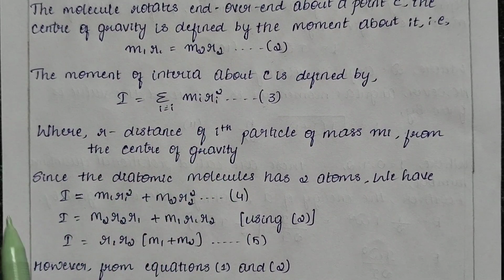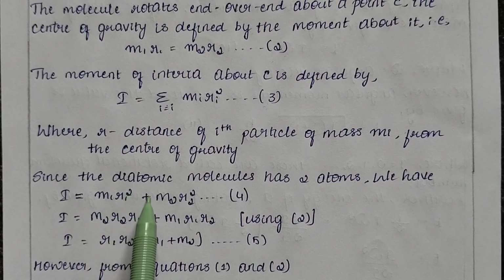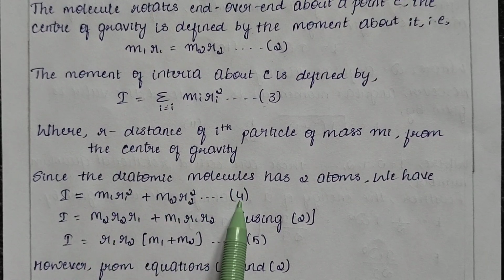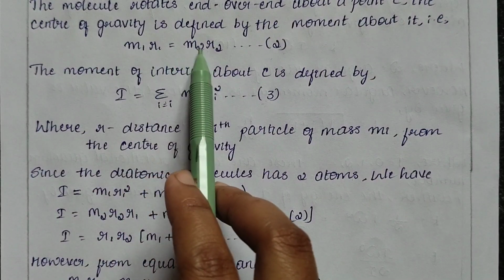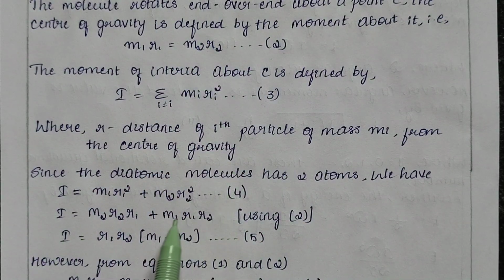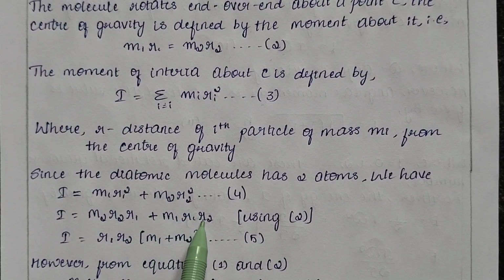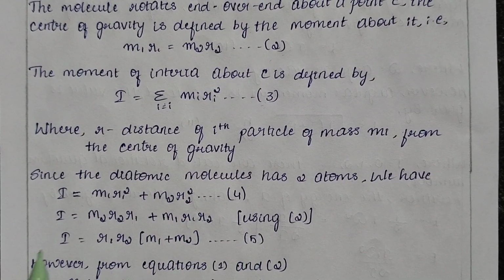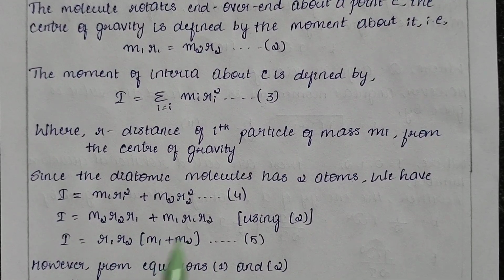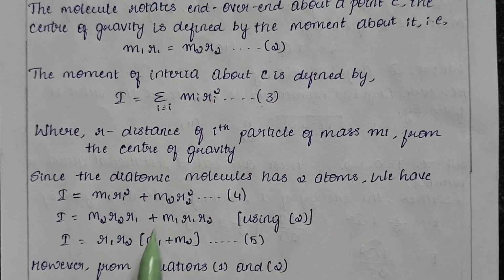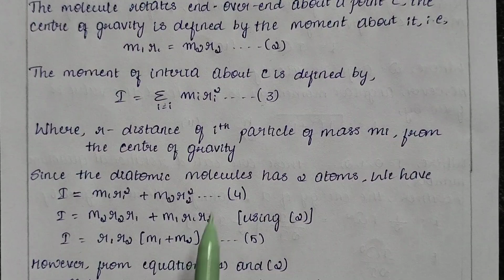we can write I is equal to m1 r1 square plus m2 r2 square, which is equation number 4. And from equation number 2, that is m1 r1 is equal to m2 r2, we can write equation number 4 as I is equal to m2 r2 r1 plus m1 r1 r2. Upon simplification, we get I is equal to r1 r2 into (m1 plus m2). We take r1 r2 as common, and the remaining m1 plus m2 is written as it is, which we consider as equation number 5.